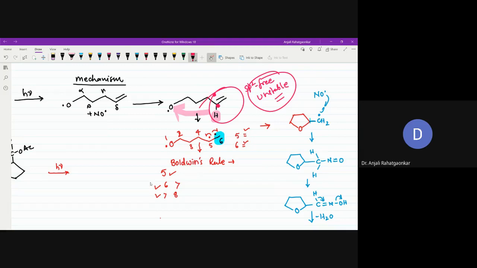A 5-membered ring shows more priority over a 6-membered ring. So we are forming a 5-membered ring, and the rest of the chemistry we have explained in the first example. All right. So this is an exclusive example where some more basic chemistry has been involved. So I hope you understand this thing.